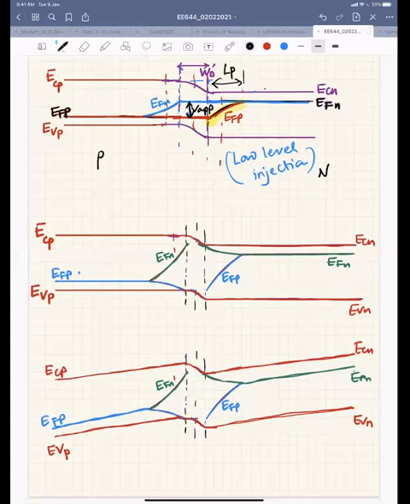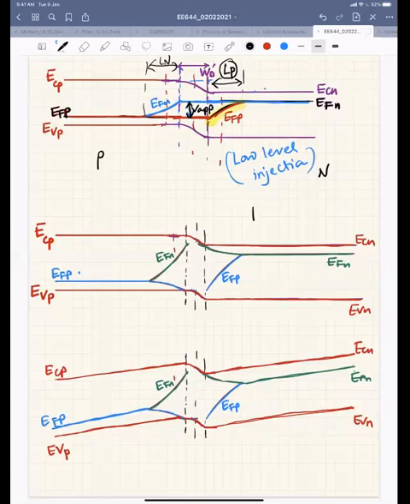This distance here is Lp, and similarly this distance is Ln on this side, and there is an increase in EFN towards the junction, right? And EFN minus EFP is your applied voltage. So this is the energy band diagram in the low level injection condition, right?